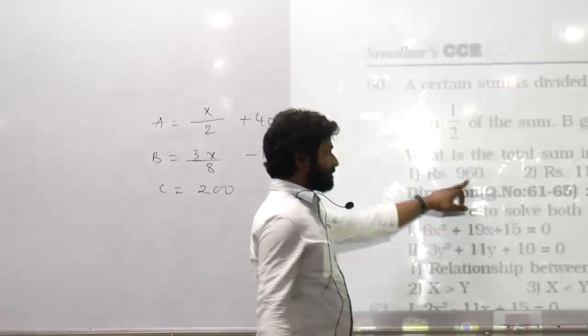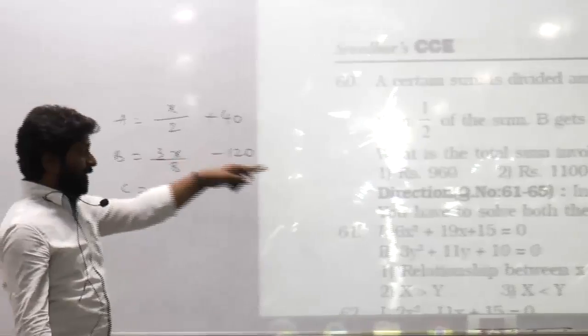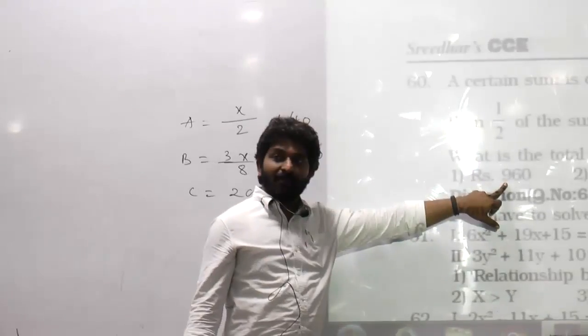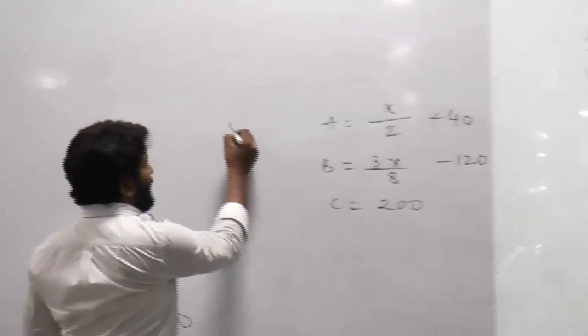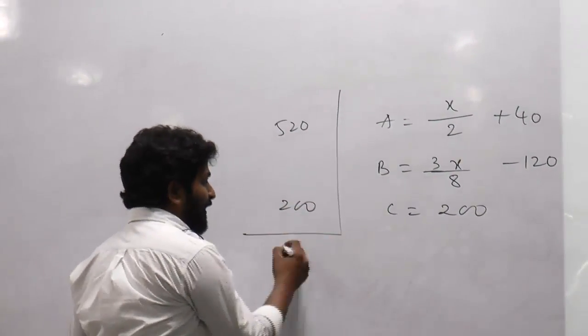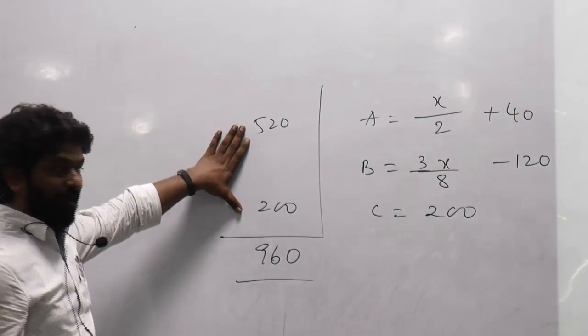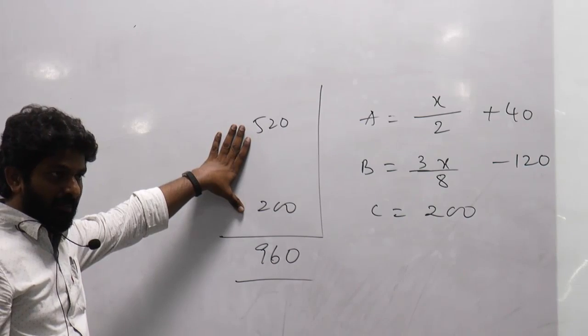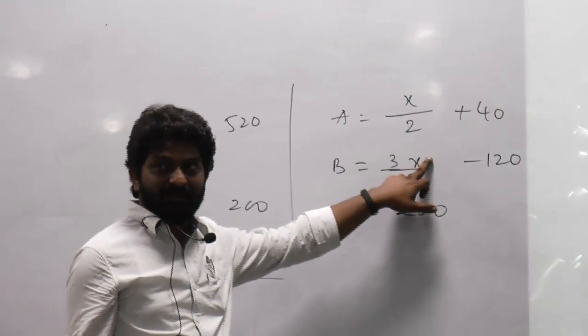Let me take the first one. A gets half of that, 480. Plus 40, that is 520. And C is getting 200 rupees. Now we are taking 960 as our total. Out of 960 so far we have 720. Now B gets 3/8 of x.